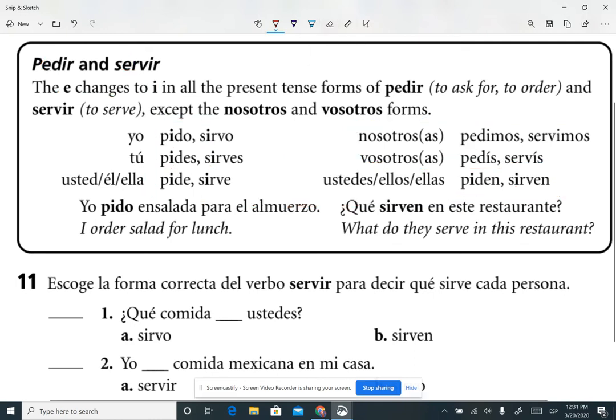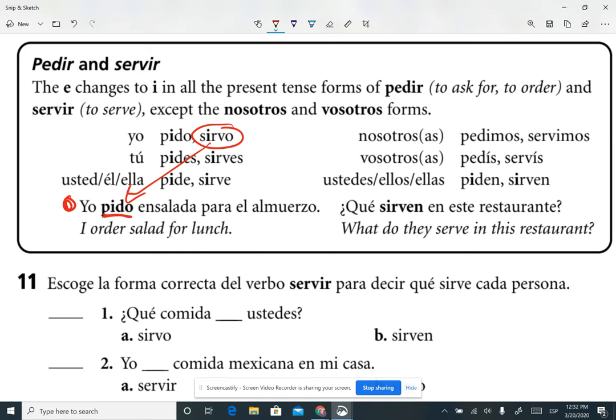So if we look at some examples, we can start with this example here. Yo pido, so I order ensalada. I order salad for lunch. Or we can change that to servir, right? Yo sirvo, I serve ensalada para almuerzo, or I serve salad for lunch.